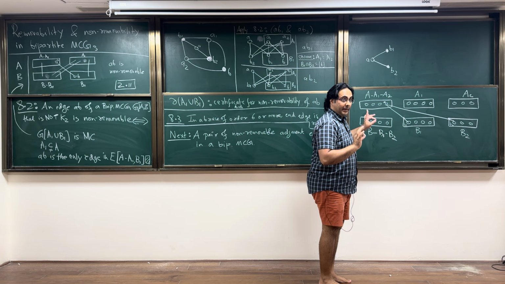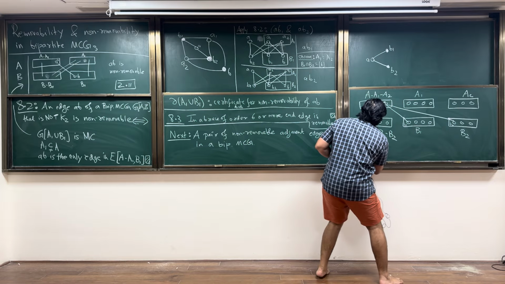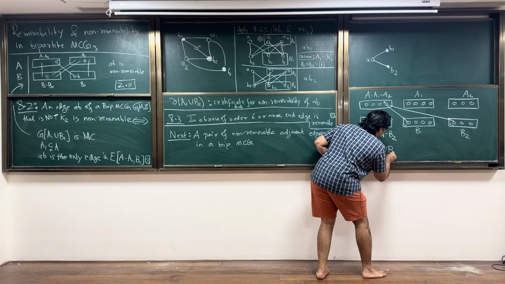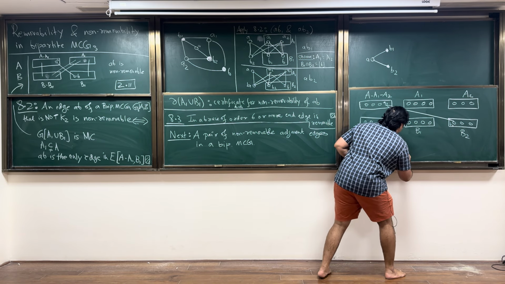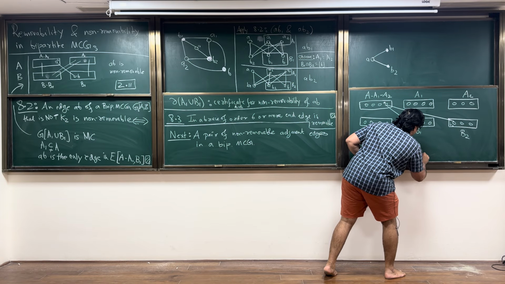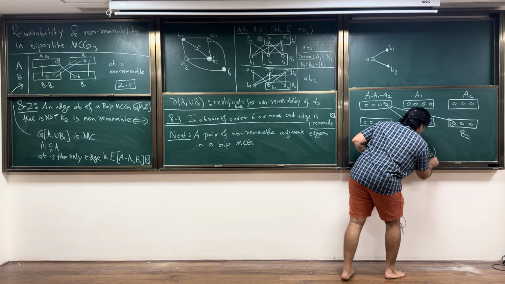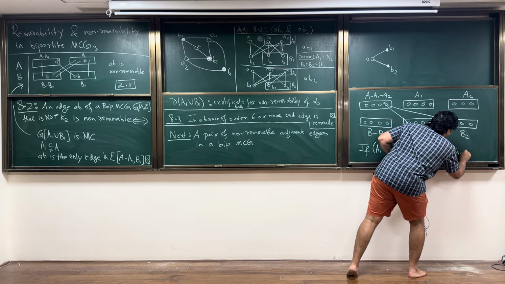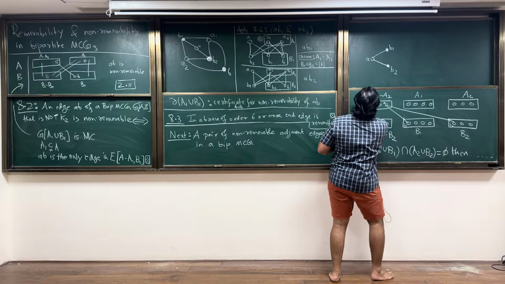If they were disjoint. This is all under the assumption that if A1 union B1 intersection A2 union B2 is empty, then we get this drawing.